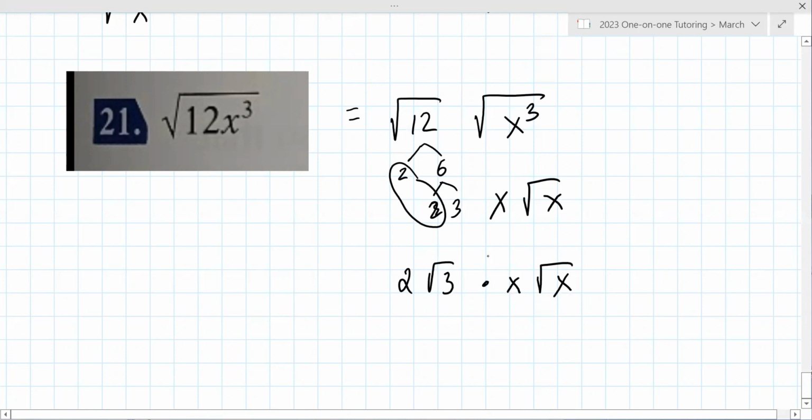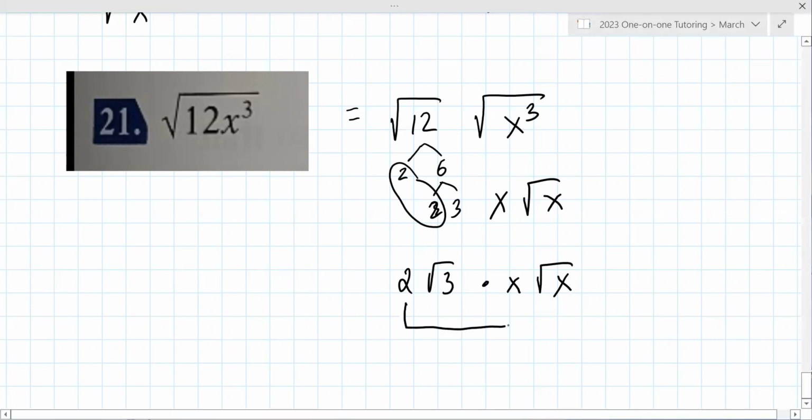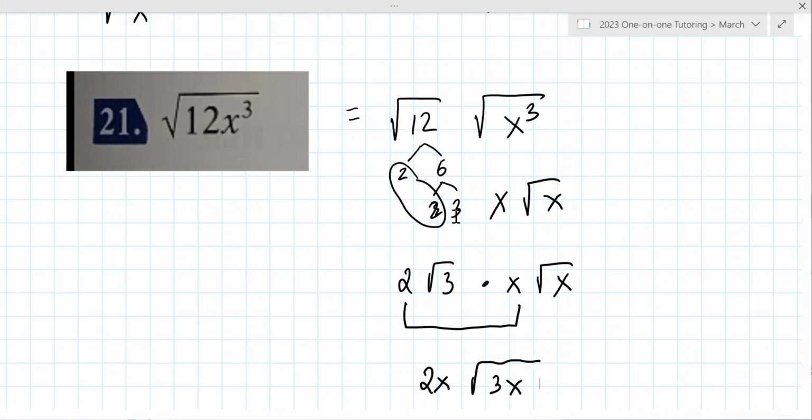You did the one on the right, I did the one on the left. You combine the parts that are outside the root and you combine the parts that are inside the root. So if it's outside, it stays outside. If it's inside, it stays inside. You kind of got it, maybe. No, I got it.